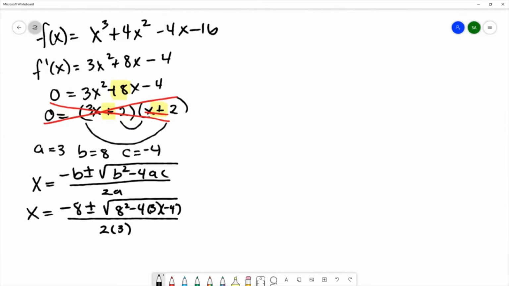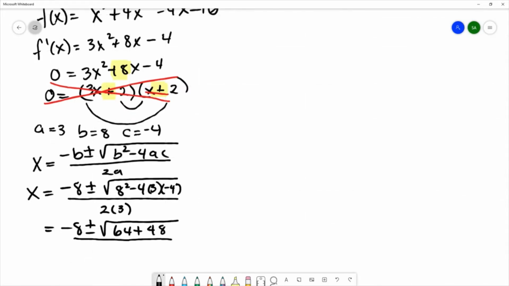That gives me -8 plus or minus the square root of 64 plus 4 times 3 times 4, which is 48, so 48 plus 64 is 112. So -8 plus or minus the square root of 112 over 6.